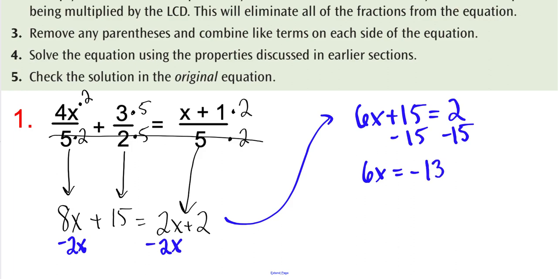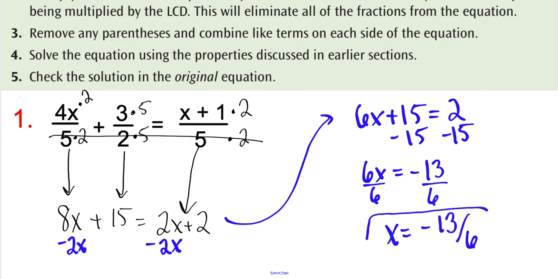And then we got to divide by 6. So x equals negative 13 sixths. Kind of an ugly fraction, but that's what we got. Okay? So either method, whichever one you choose to do, I like this one a little bit better just because it seems a little familiar to you guys. But that's what I like to do.